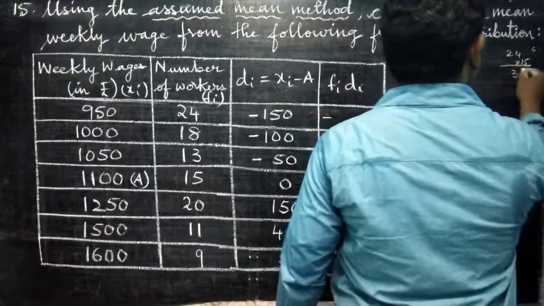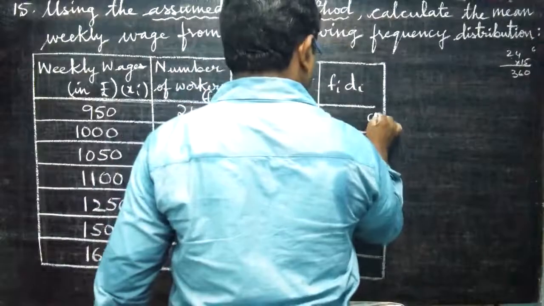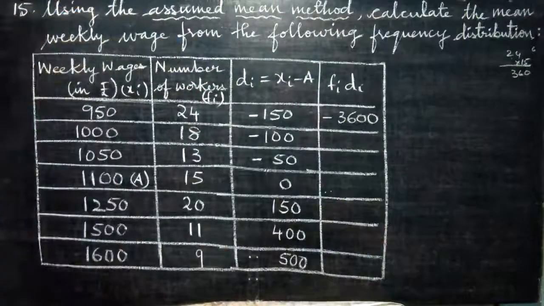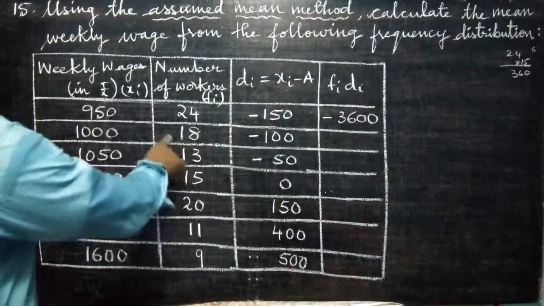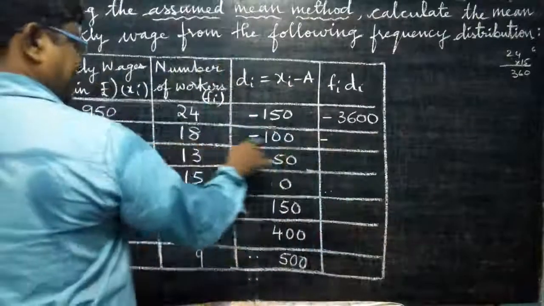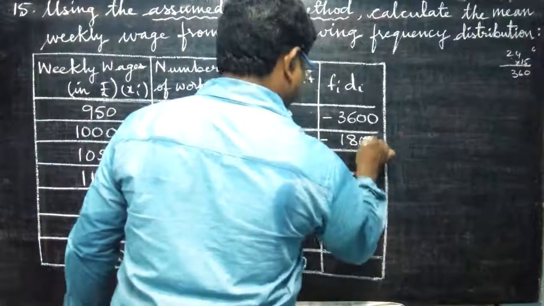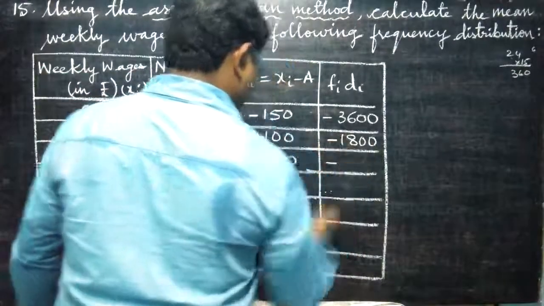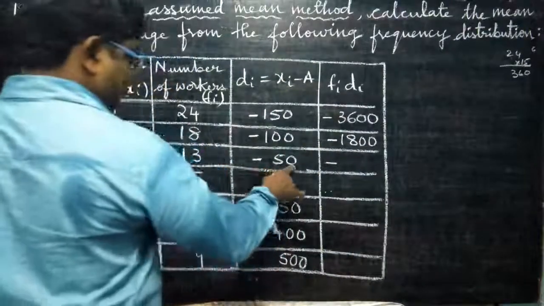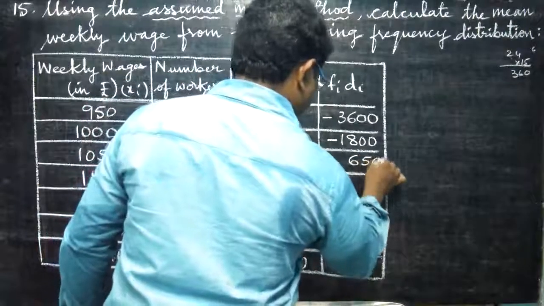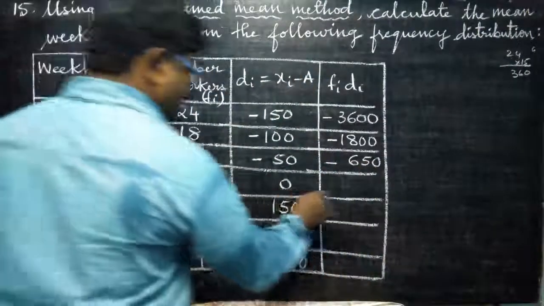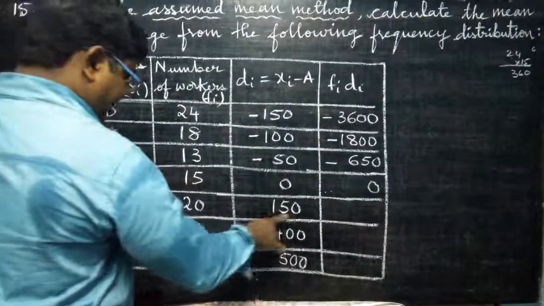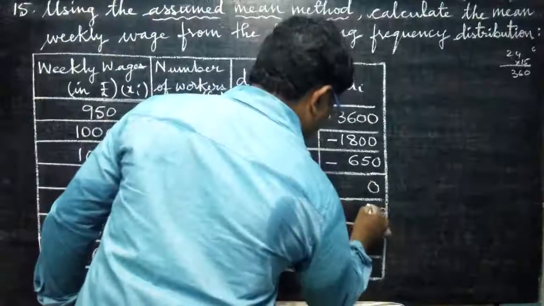Now 24 into 15: 24 15s are 360, so here 10 is there, already 0 you write, and 3600 you will get, minus. Again plus into minus, minus. 18 into 100 is 1800. Next plus into minus, minus. 13 5s are 65, 0 is there, 650. 15 zeros are 0. 20 into 150: 2 zeros are there, first write those 2 zeros.